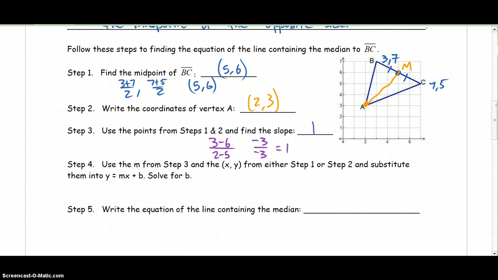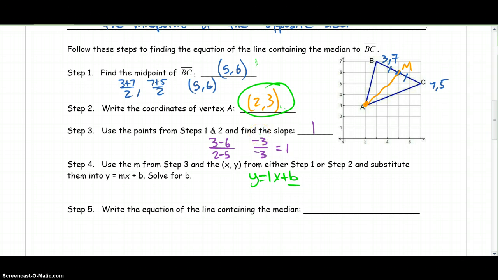Then I move into the fact that I know the slope and I know two points on the line. So at this point I know my equation is y equals 1x plus some b value that I'm not sure of yet. I can choose either of these points to substitute in for x and y because they both have to be on this line, both the midpoint of BC as well as the vertex A. So I'm going to choose (2, 3).